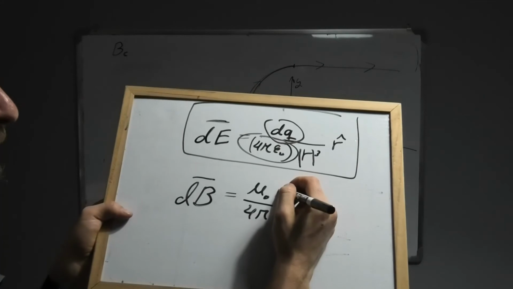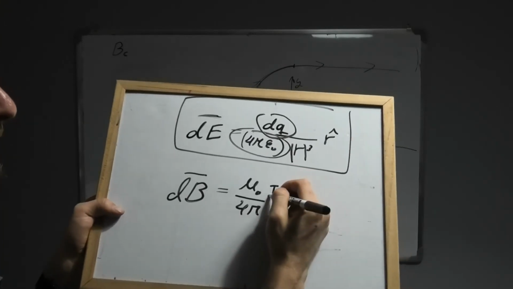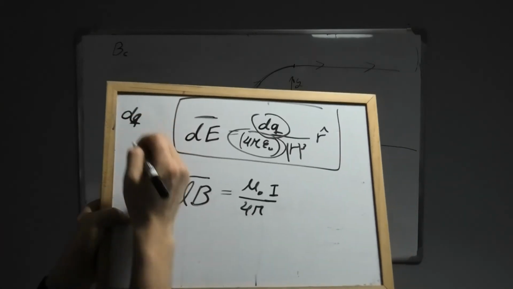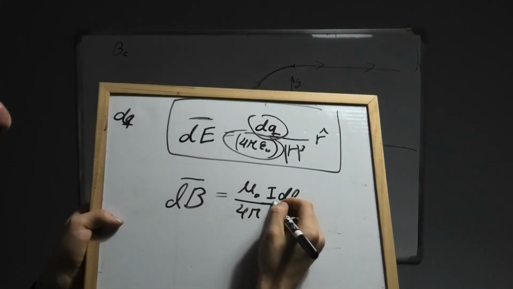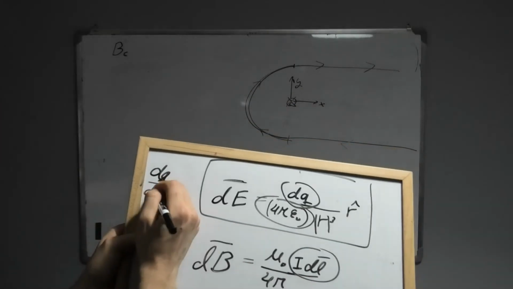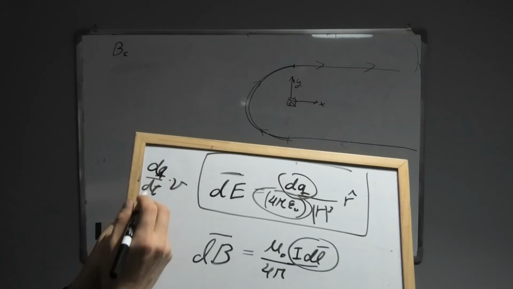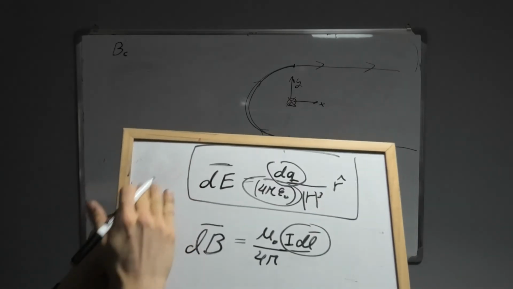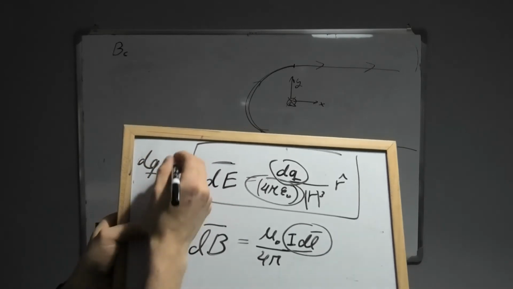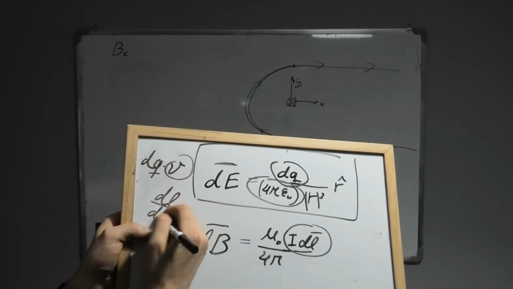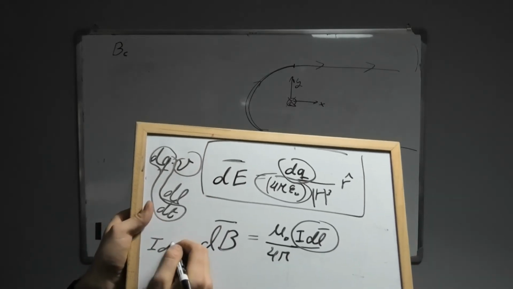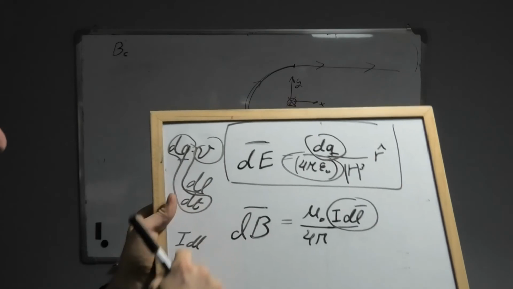So we're actually going to say it's I dl. Let me explain in a second. I dl, which is dq times v, and v is dl over dt, and dq over dt is I, so we actually have I dl. So this is where the concept is coming from.